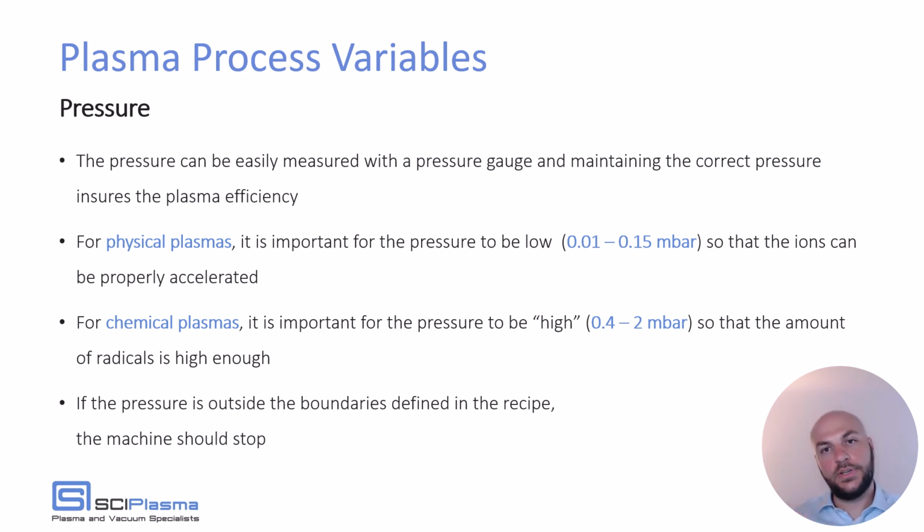What we can do for each process, we can define, okay, this process needs to run at 0.2 millibar, and we can say we allow it to run between 0.15 and 0.25, because this is the range that works for us. If for any reason the pressure is too low or too high, the machine should stop and alert the operator. So this is the third and very important process variable that needs to be monitored in process.